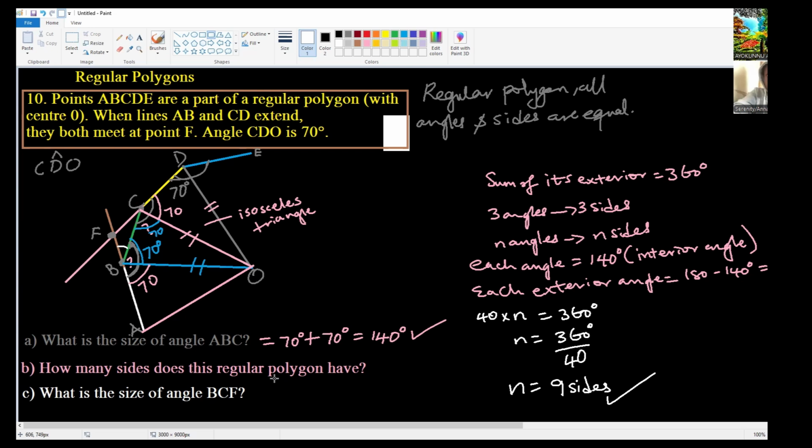Is it C? Is it F? Which alphabet are we considering in the question? B. Why should it be B? Tell me.